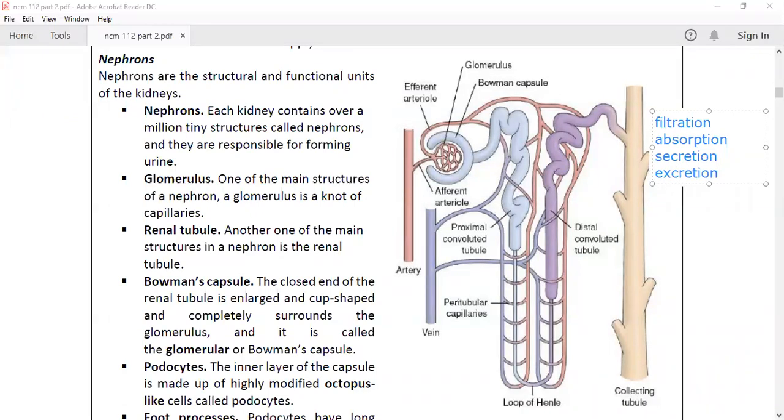All right. So if we will say that this is a network, where in this network of blood vessels and tubules do these specific events happen? All right, so let's try to number them.